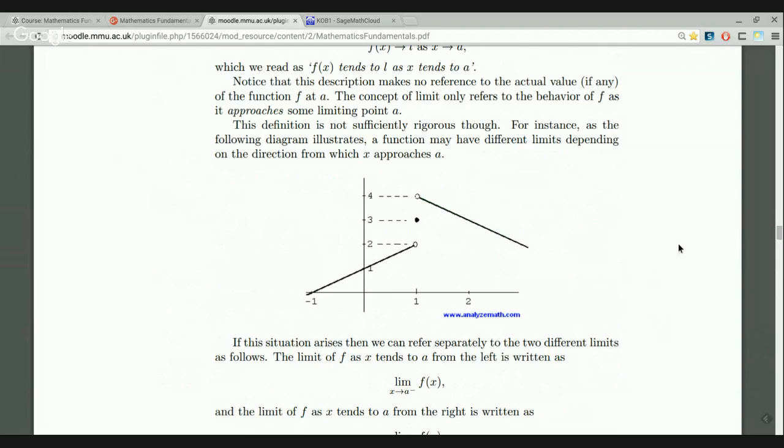But the value that the function f has at 1 doesn't affect the limiting behavior of the function. The limiting behavior of the function is only determined by what the function does at points close to 1, or what it's doing as the argument gets closer and closer to 1. So it's actually independent of the value, or whether the function is defined at all at the limiting argument.